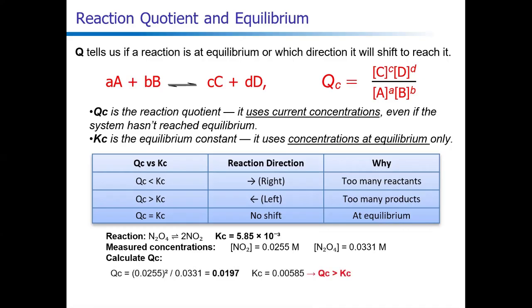Plugging these values into the Qc expression, we find that Qc is equal to 0.0255 squared divided by 0.0331, which comes to 0.0197. Comparing that to the Kc, we see that Qc is greater than Kc. Since there are too many products relative to equilibrium, the reaction will shift to the left, favoring the formation of reactants to restore the balance.